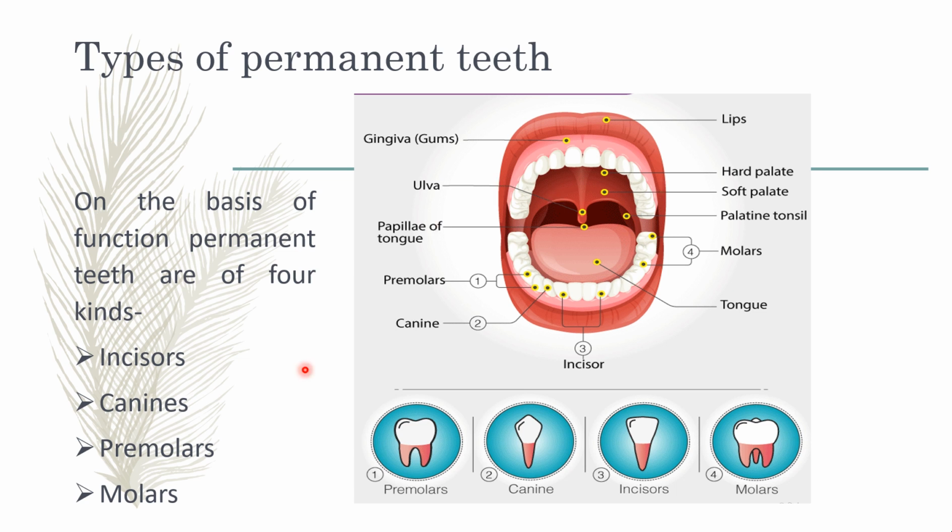Now, molars. Molars are 6 in each jaw, 3 on this side and 3 on this side. The main function of molars is to grind food, so they are also called grinding teeth.